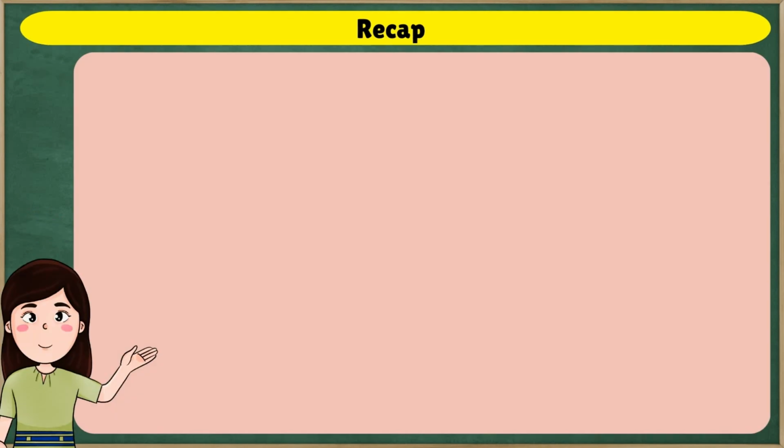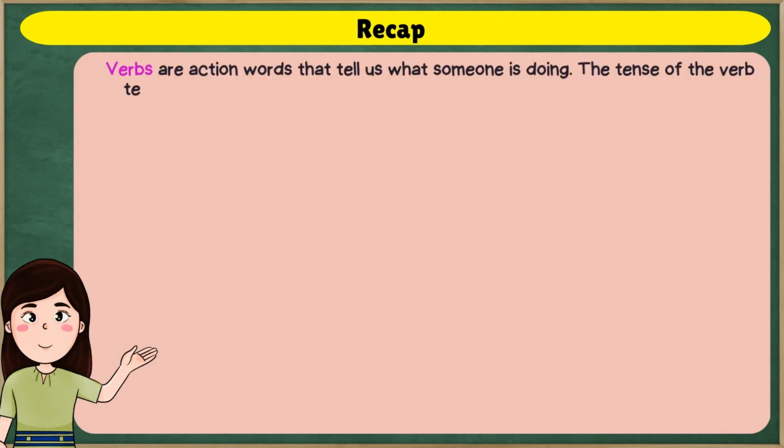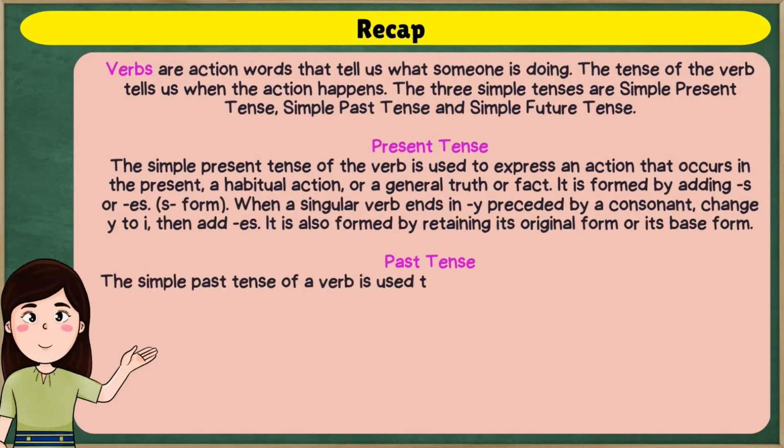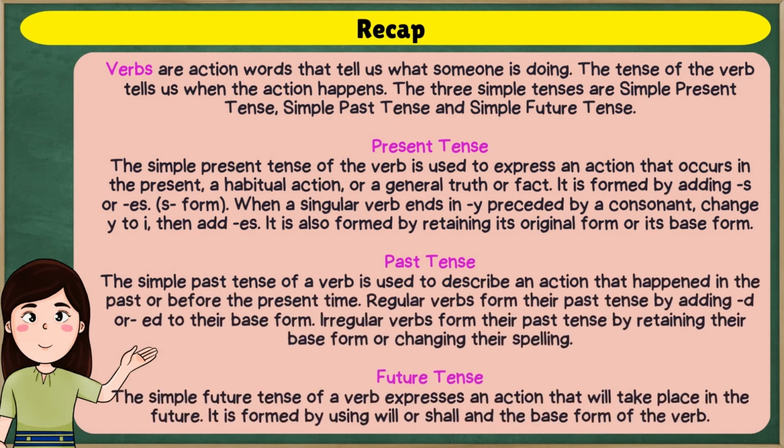Let's recap what we've learned today. Verbs are action words that tell us what someone is doing. The tense of the verb tells us when the action happens. The three simple tenses are simple present tense, simple past tense, and simple future tense. Present tense.